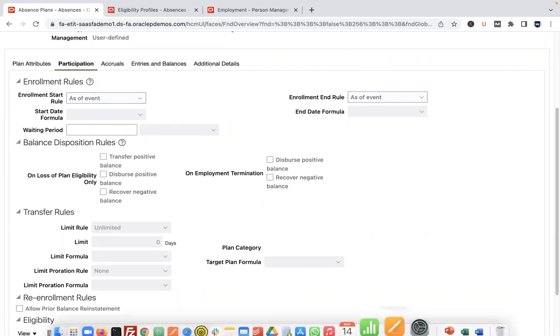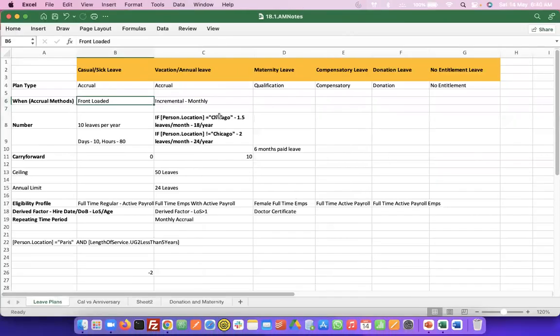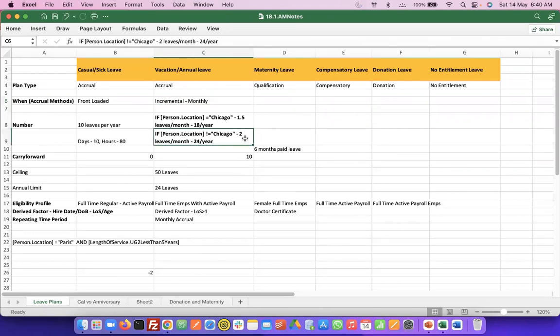So what that means is, for some plans like a monthly accrual plan, employees will keep getting either 1.5 or 2 or 3 leaves per month. But we want to give employees a bit of leeway. We want to let them take at least the next 2 months of leaves in advance.